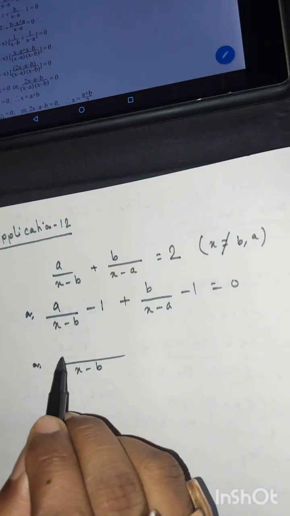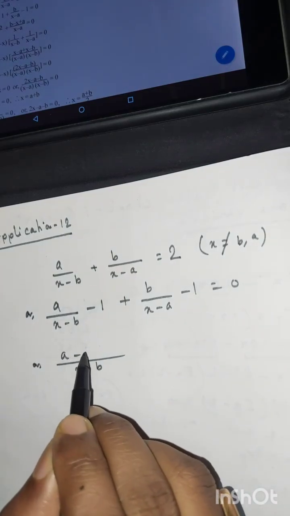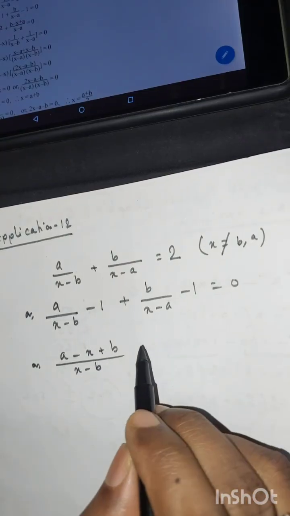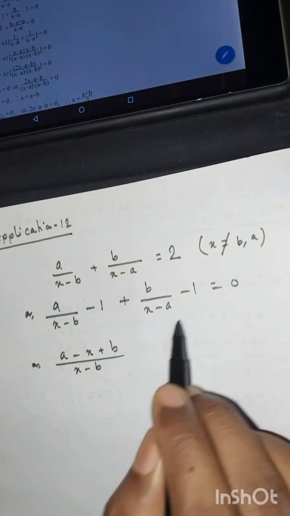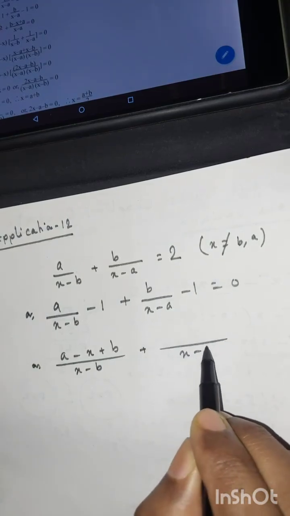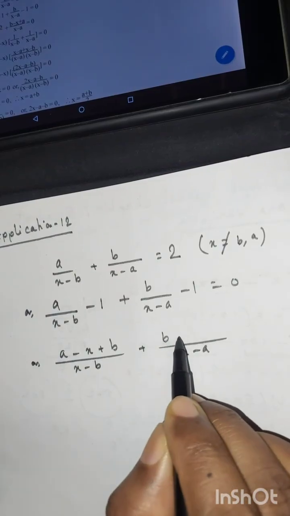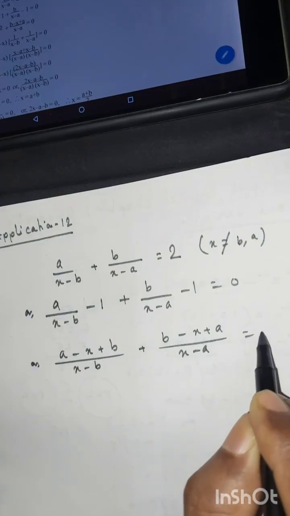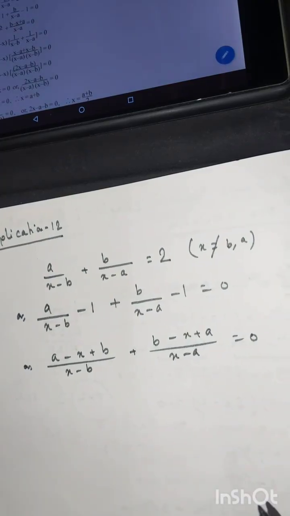So it becomes a minus x plus b. Now we are doing the second part. We are taking x minus a as LCM. It becomes b minus x plus a.